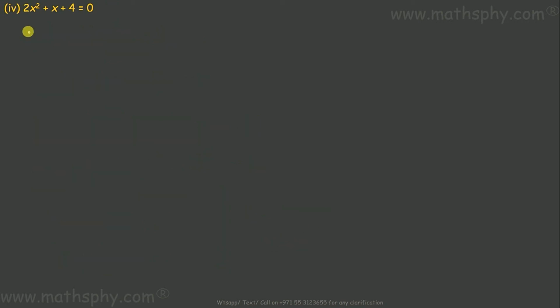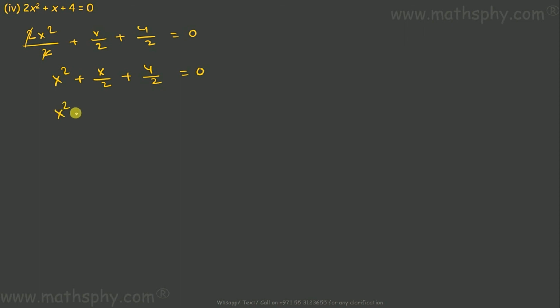This one here, let's divide this by a, or 2, since a is 2 here. So this is 2x squared over 2 plus x over 2 plus 4 over 2 equals 0. This is x squared plus x over 2 plus 4 over 2 equals 0.